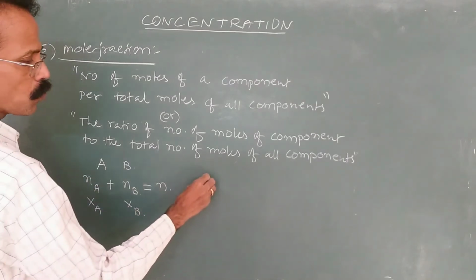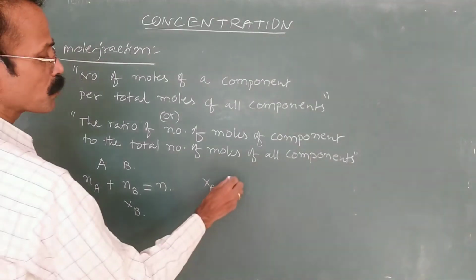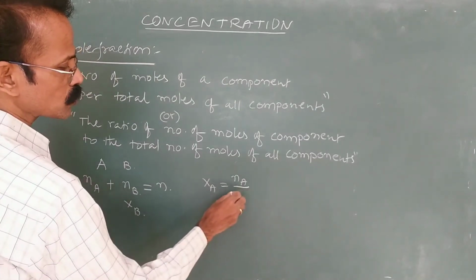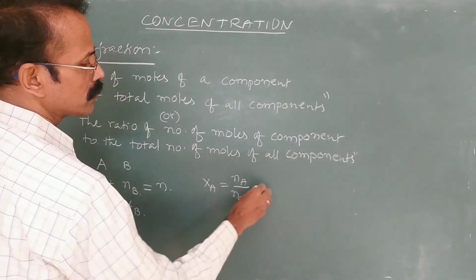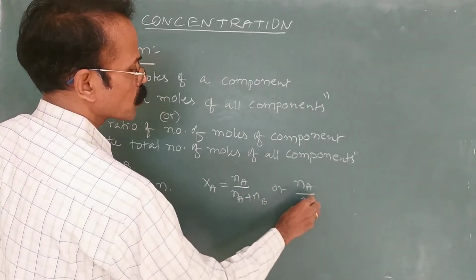Then the mole fraction Xa is given by Xa equals the number of moles of A, that is Na, divided by the total number of moles, that is Na plus Nb, or Na by N. Total number of moles is N, right?